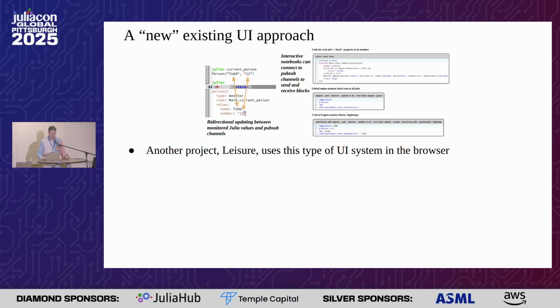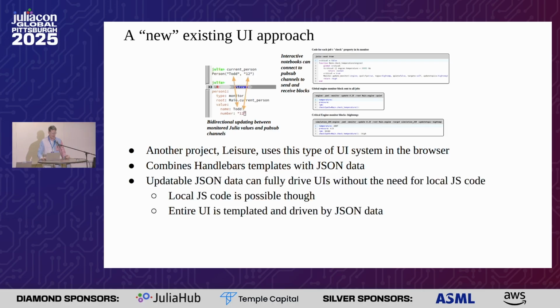Another project, Leisure, uses this type of UI system in the browser, and it combines Handlebars templates with JSON data, and that fully drives the UI. The whole thing's templated and based on JSON data, even the outer shell. Leisure's like a notebook system.